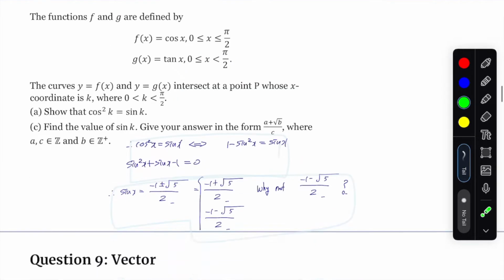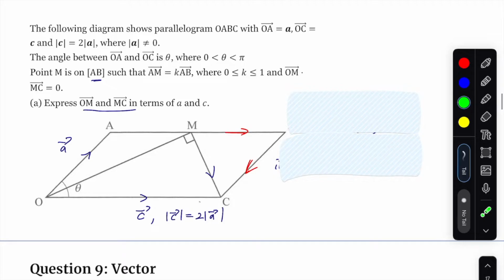Okay, this is a very nice vector problem. It's talking about the sum of vectors. For the sum of vectors, please consider that this is largely about working with the diagonals of a parallelogram. Here we want to describe OM in terms of A and C. So OM is a diagonal of a parallelogram such as this.